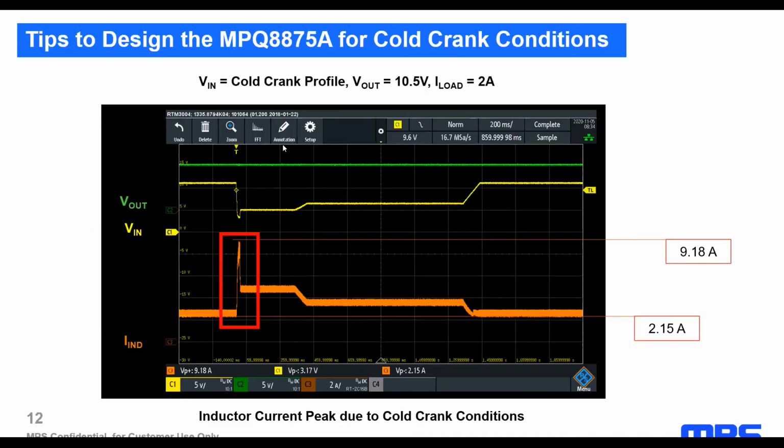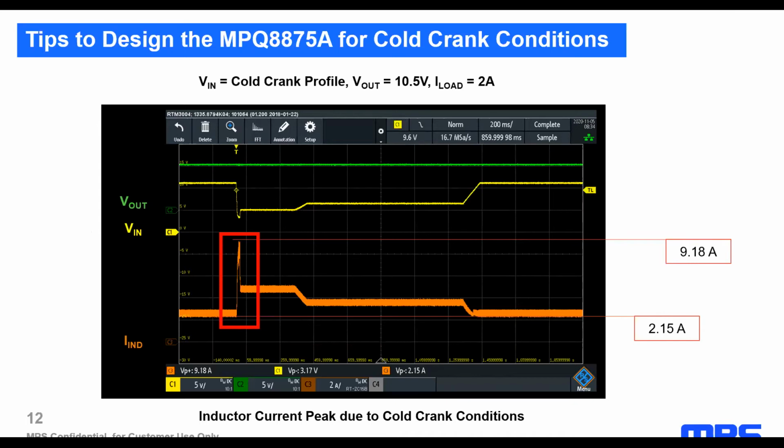In this oscilloscope capture, we can see that by applying a cold crank profile at the input, seen in yellow, we obtain a constant output voltage fixed at 10.5 volts in green. In orange is plotted the current that passes through the inductor.